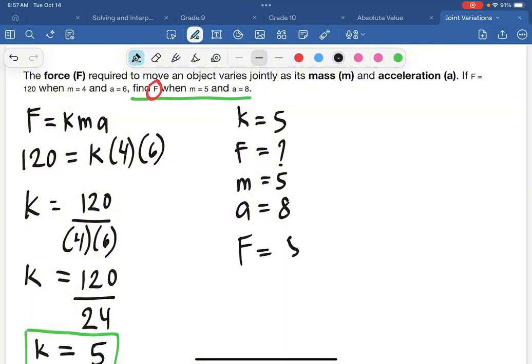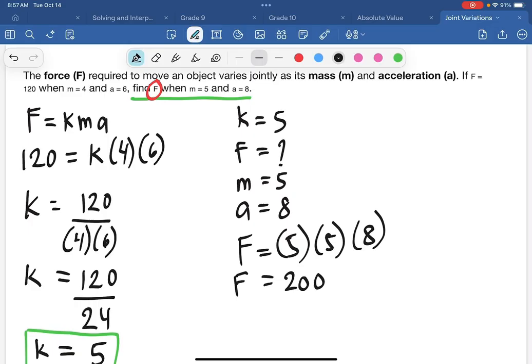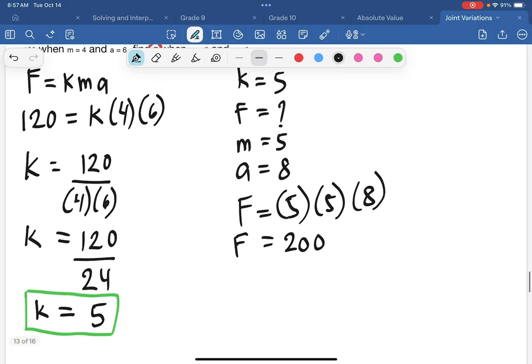So 5 times 5 times 8, which is 200. Since we're dealing with word problems, in force the unit is N. So our final answer would be 200 N, which stands for 200 newtons. And this is our answer.